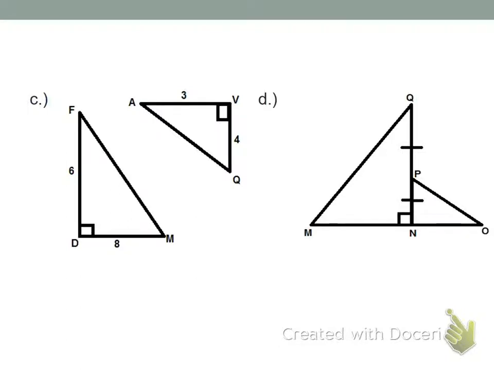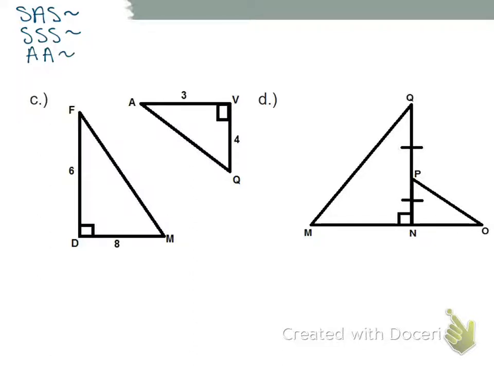So I want you to take a few minutes to think through the list of possibilities: side, angle, side, and angle. Think about what you know about those triangles. Think about what you could figure out from the information they gave you. And see if you can show any triangles to be similar.